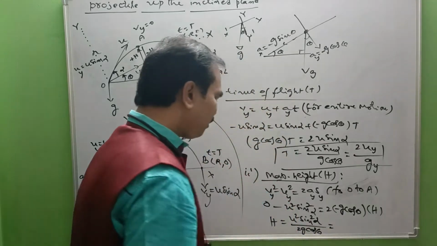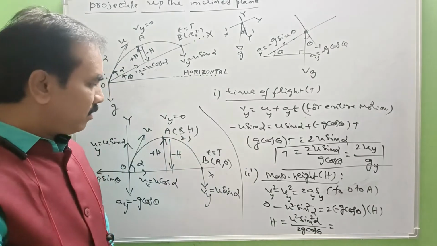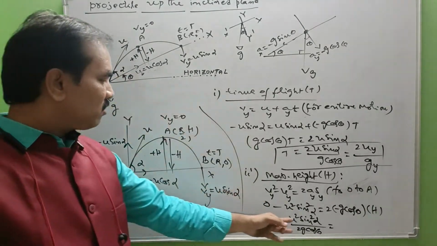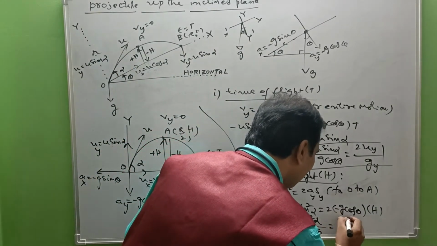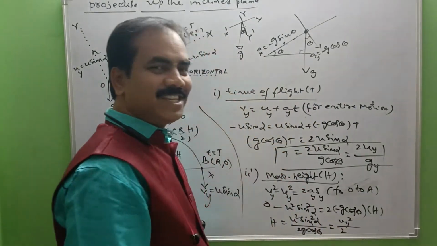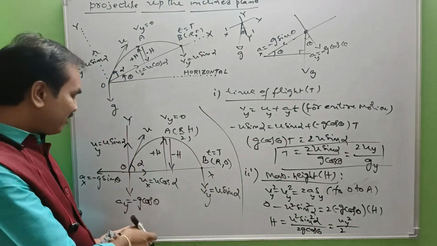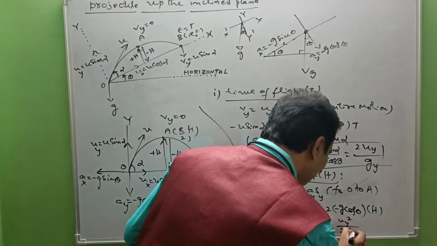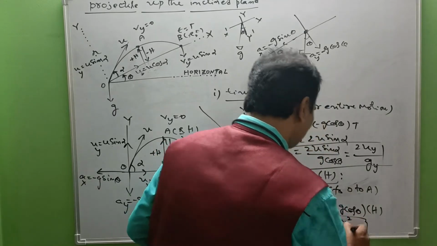If you want to generalize, u sin alpha is uy, so u sin alpha whole square is uy square, divided by 2 into what is g cos theta here? g cos theta means the vertical component of acceleration, that is acceleration along the y-axis, so 2gy. This is the general expression.